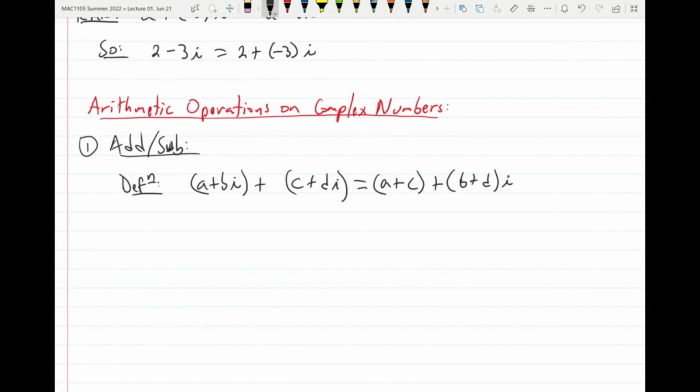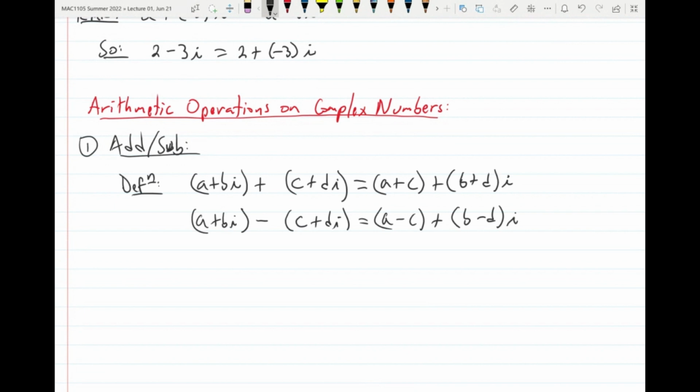That's all, combine like terms. And then similarly with the difference. If you're doing a plus bi minus c plus di, you subtract real part with real part and imaginary part with imaginary part.